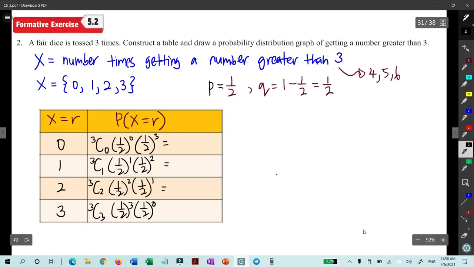I'm going to use the calculator to find the values.